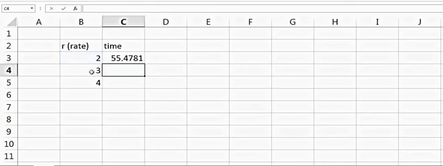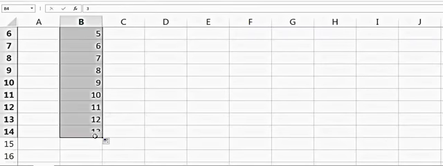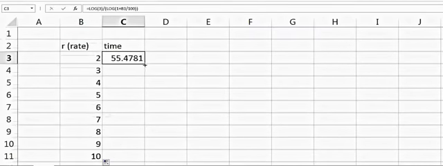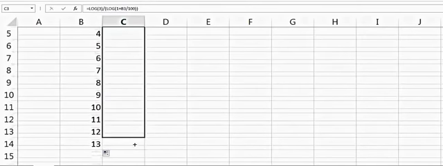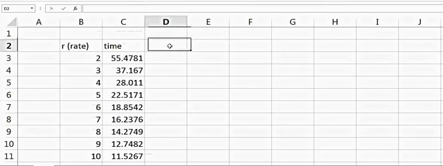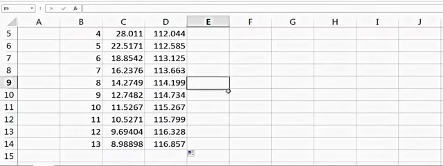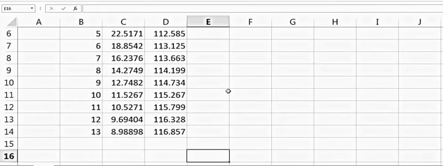Now we can keep extending this rate to, suppose, 13%, and we can calculate the time for the investment to be 3 times for all these years. That's how we get the time. Now if you multiply time with the rate, that will be equal to time into rate. This is equal to 110, which is very close to 115. We can keep extending this, and you can see that all our numbers are very close to 115.